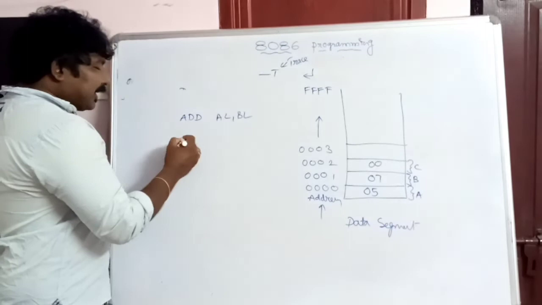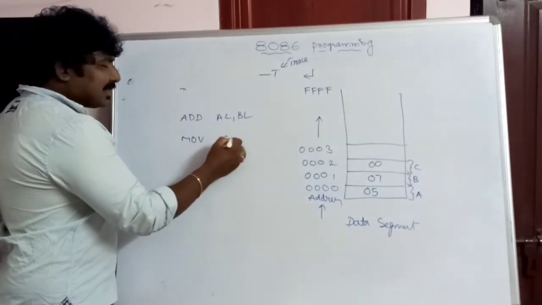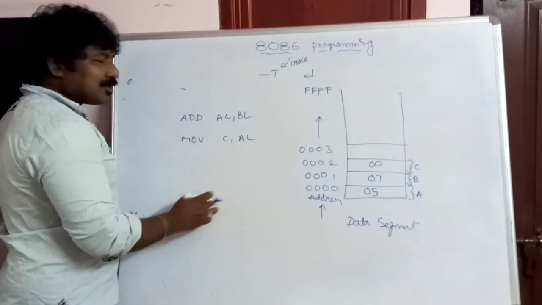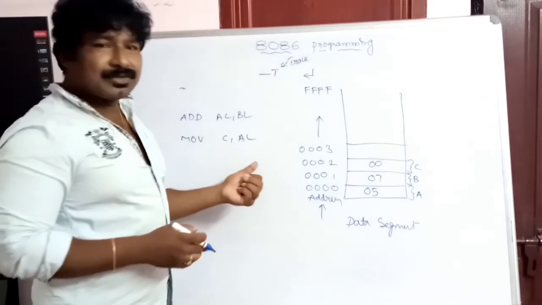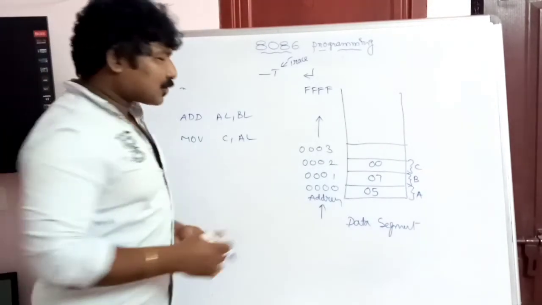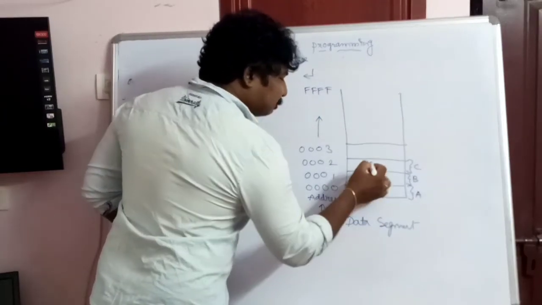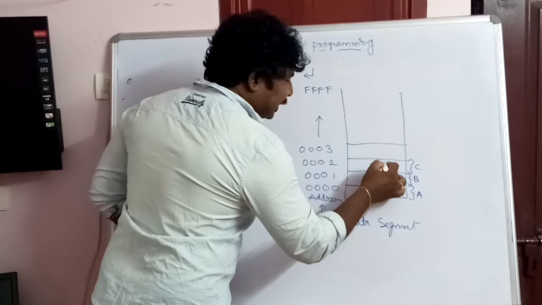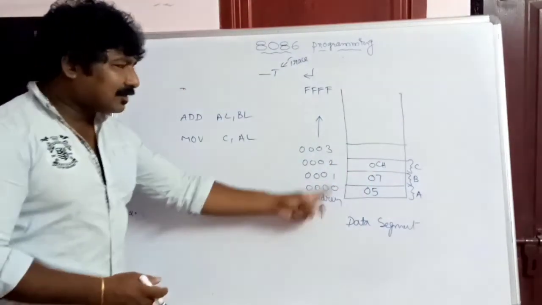Then in the program we do MOV C, AL. That means you are moving the result, 0C, into C. What is 0C? That is the value 12. So the result 12 will be moved here. This means 0C will be here. So this is the picture.